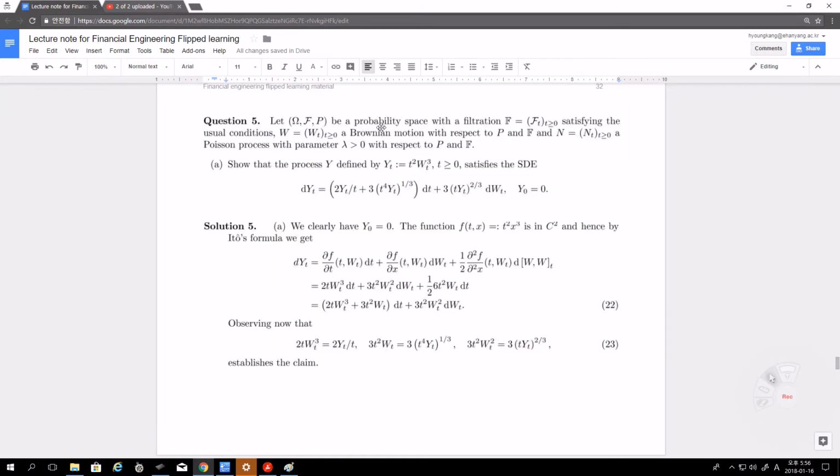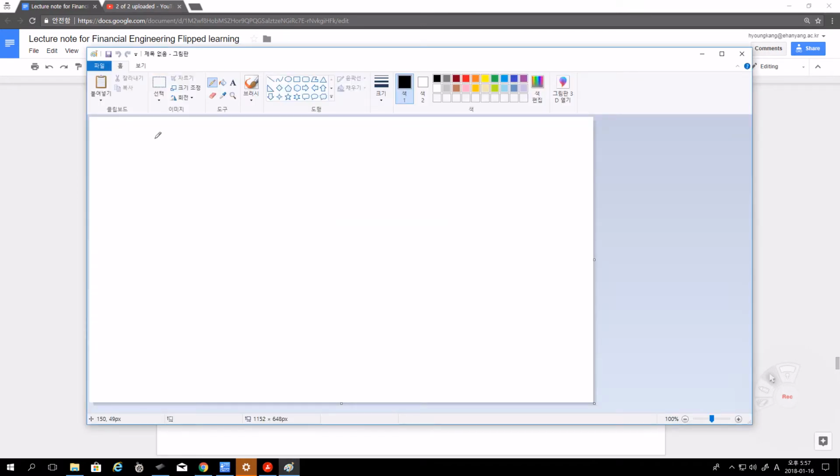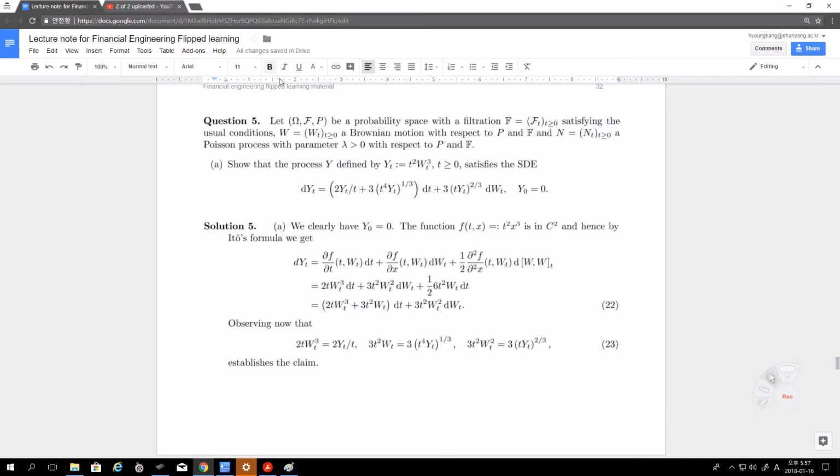Okay, so Y_t is t^2 W_t^3. We need the time subscript here. And what is t? t is just a number, actually time. And W_t is Brownian motion.